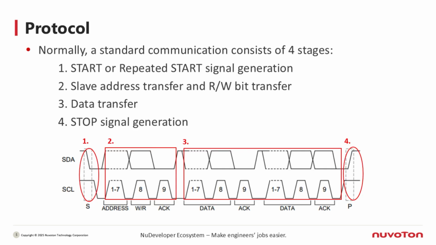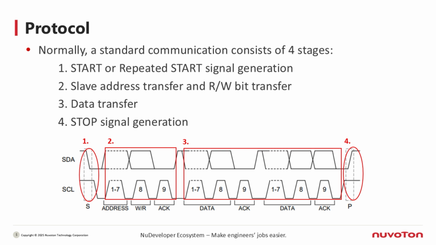In a complete I2C transaction, you can think of it as going through 4 main stages. The first stage is the start condition. This is how the master tells the slave, "We're about to begin communication." When the SDA line moves from high to low, while SCL is high, that creates the start condition. The second stage is the address plus the read-write bit. Here, the master sends the slave address along with one bit that indicates whether this transaction is going to be a read or a write.